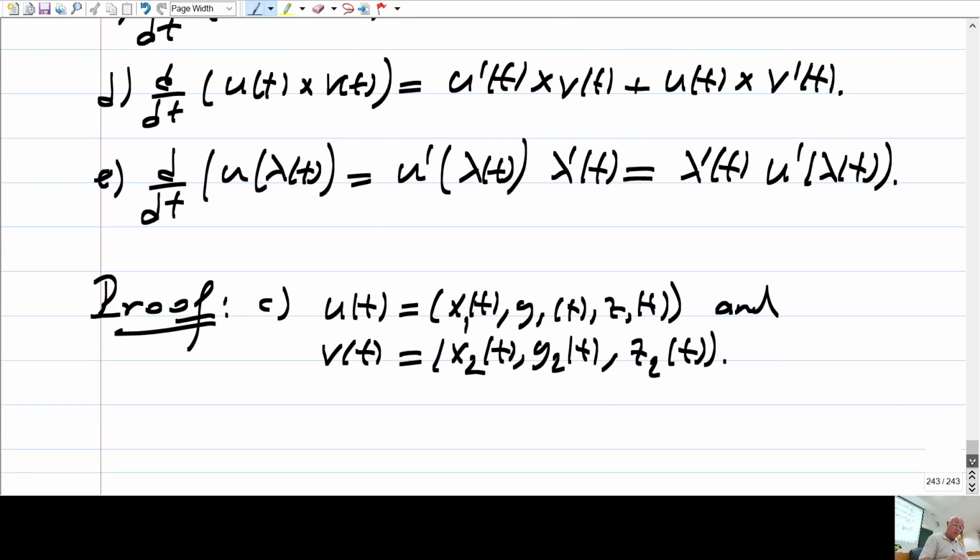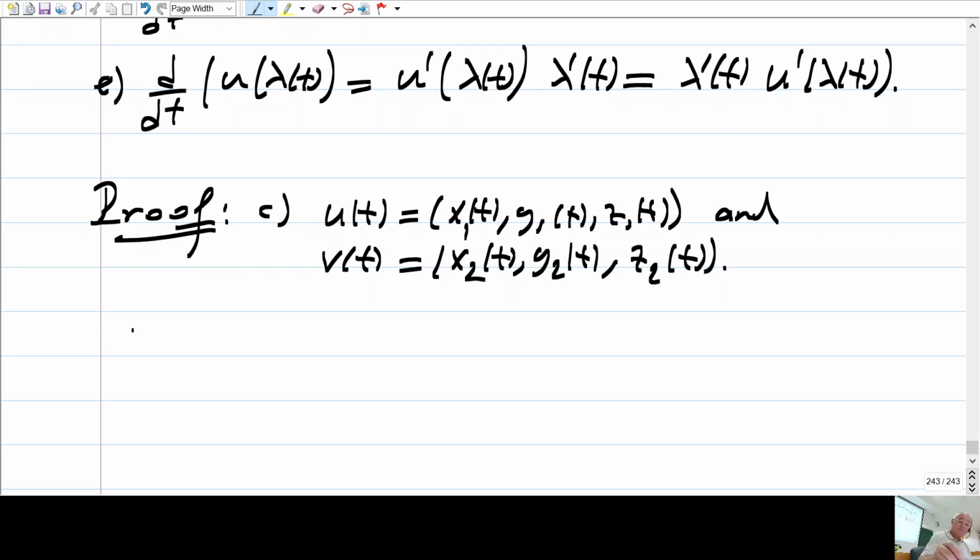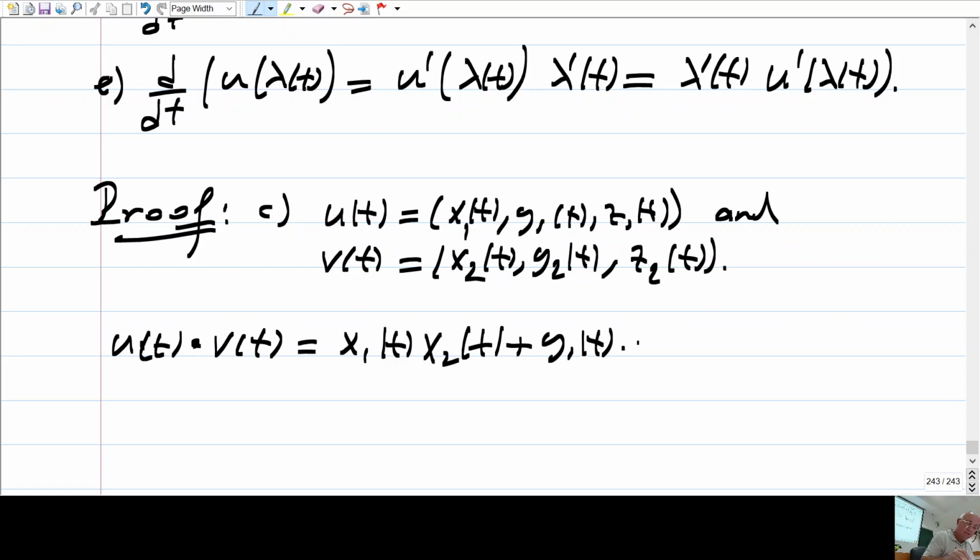We assume that both of them are differentiable. Well, then what is the dot product of these two vector valued functions? You take dot product of these two vectors. What is the dot product? Well, dot product means you multiply the components of the vectors, right? First components, second components, third components, and then add them up. So this is x1(t)x2(t) plus y1(t)y2(t), this is usual product, plus z1(t)z2(t).